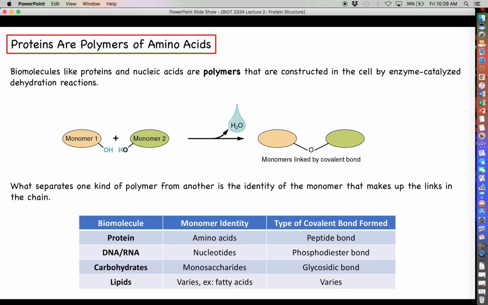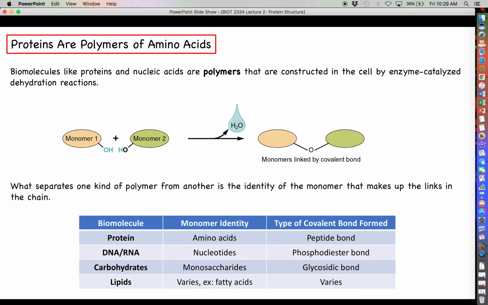Proteins are made up of individual amino acids that are joined together by dehydration synthesis. Nucleic acids like DNA and RNA do not use amino acids. They use something else called nucleotides. Carbohydrates use monosaccharides, and then lipids, the final type of biomolecule, doesn't really fit into this polymerization concept.